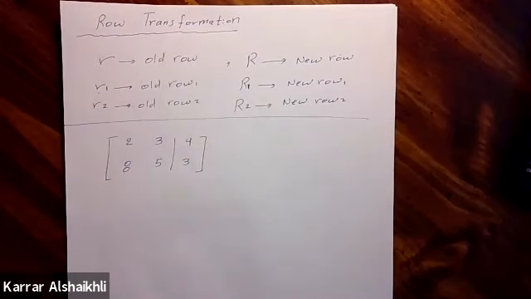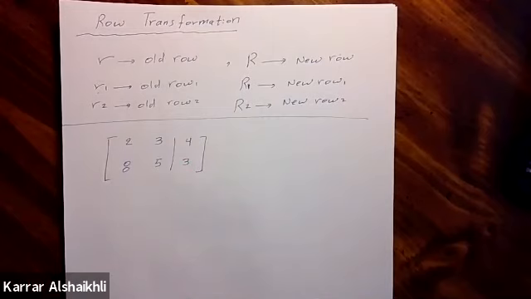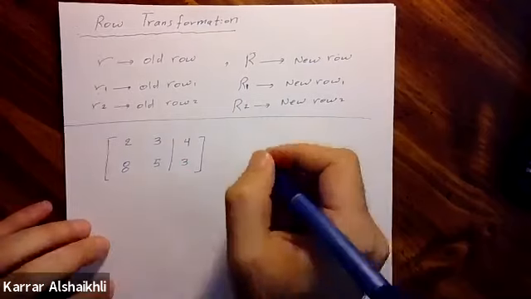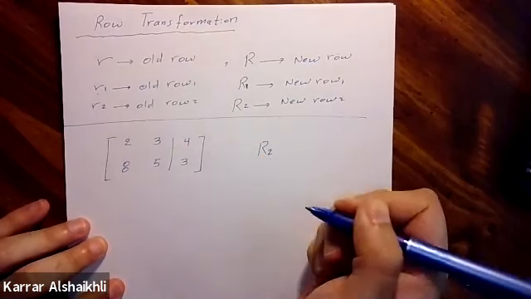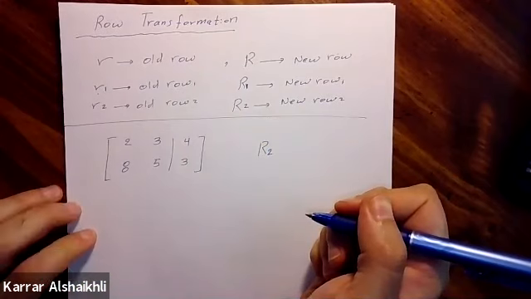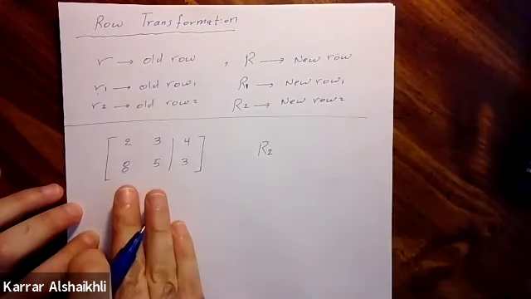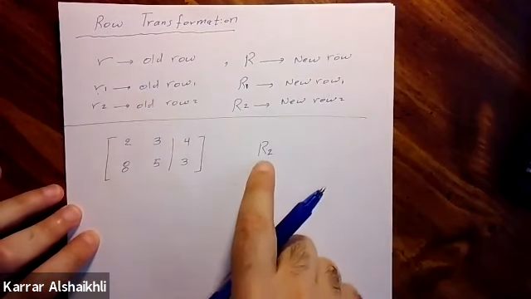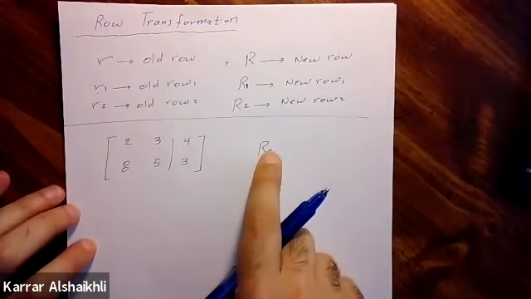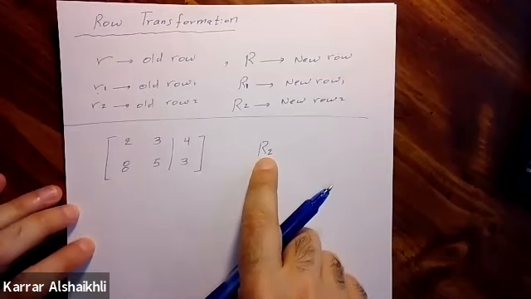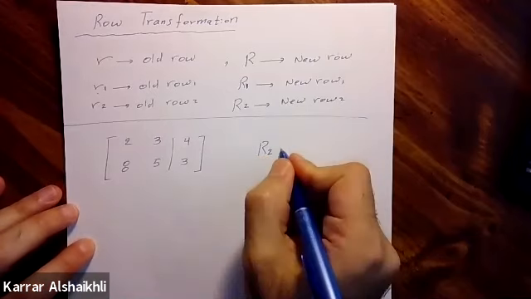They're going to tell you what I call the rule. We're going to use this rule. I need you to change or get a new row 2. How?